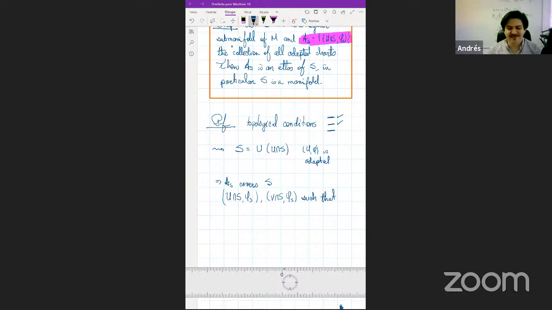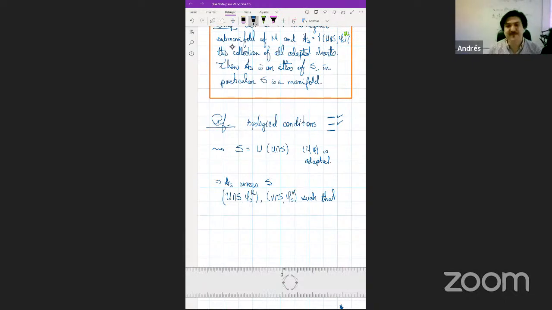It is not very useful putting phi sub S. So we need to put some dependency on the open set, right?